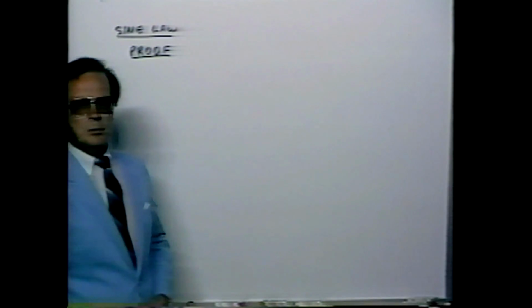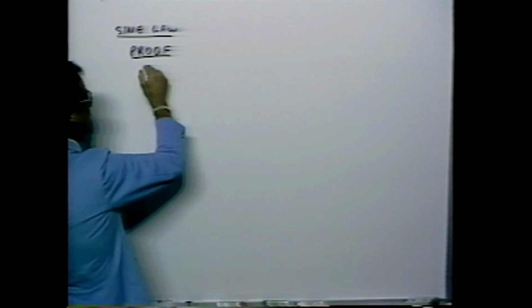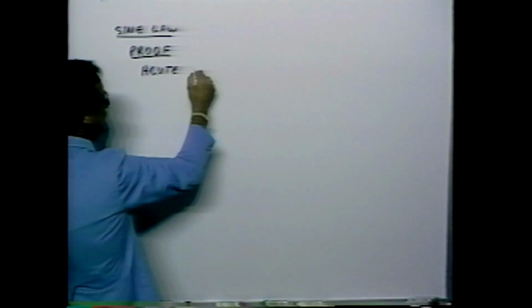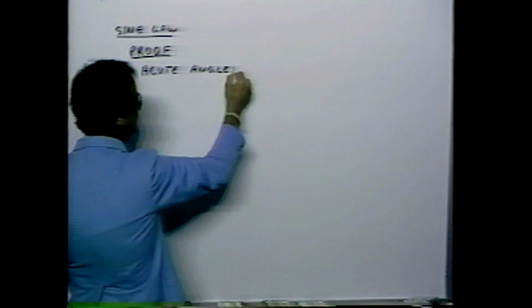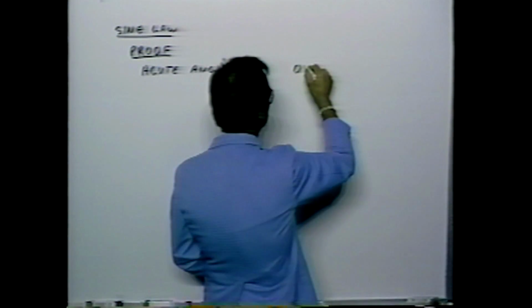For those proportions, we will draw two triangles. One will be acute angled, and one an obtuse angled triangle.